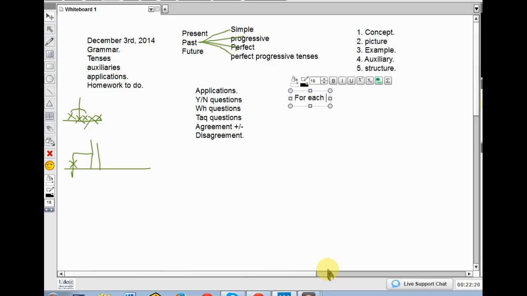For each tense you need to do the 5 steps above. What are the 5 steps? Concept, picture, example, auxiliary, and structure.